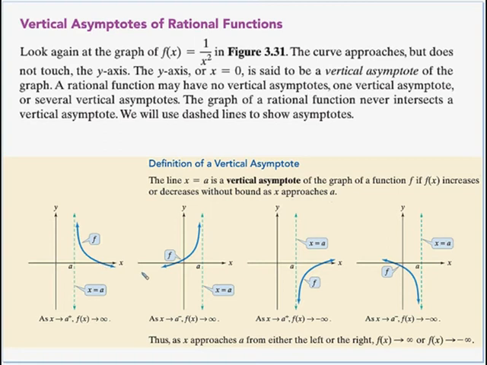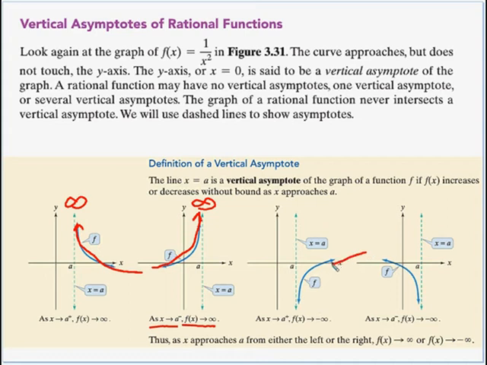So here the function is approaching it from the right-hand side and we're going up, up, up. There's our vertical asymptote. We're headed for infinity. Here we're approaching from the left-hand side and we're going up, up, up toward positive infinity. So as x approaches a from the left, the function approaches infinity. Here again, x equals a is our asymptote.